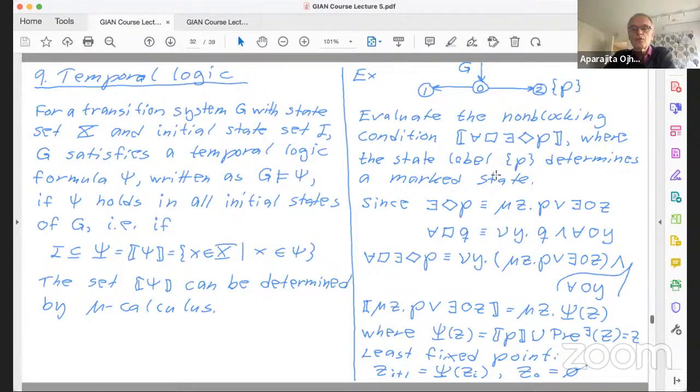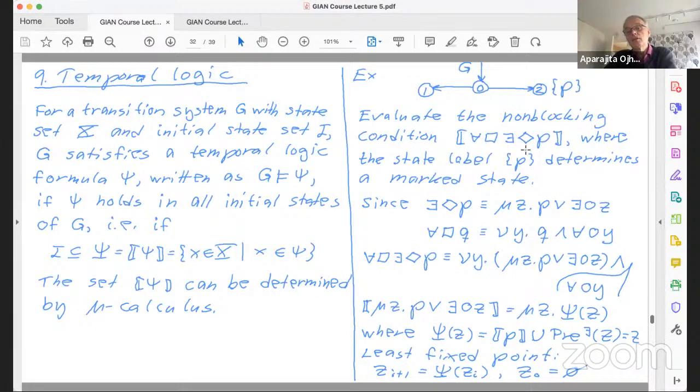So you could say, for instance, if you would like to evaluate this expression, always, for all sequences, always there exists a sequence such that finally you get P.